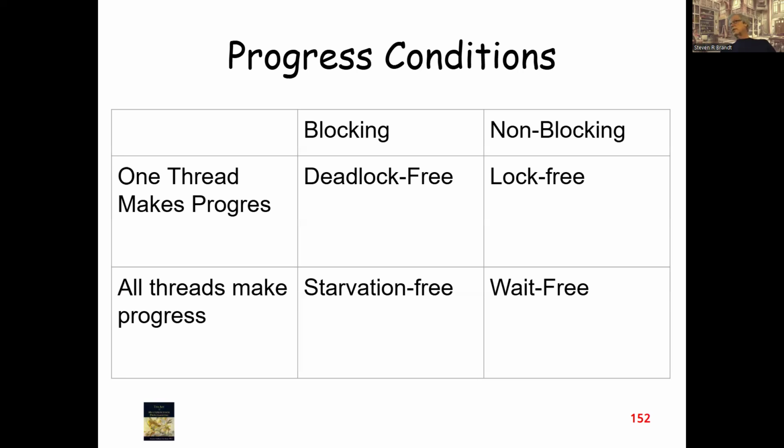Now, what happens with a lock? If the other thread gets the lock, and while it's got the lock, it goes away, then you can't make progress. No matter what you try to do, you can't do anything until that lock comes back. But if you're trying to do a get and set operation, and you're in a while loop trying to make that happen, in principle, that can work without the other thread being there, because it's not holding on to the resource.